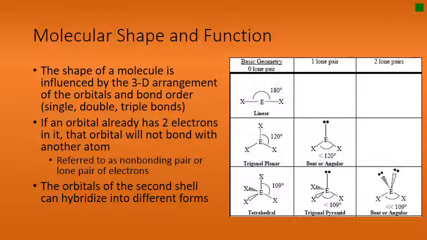It's influenced by the number of covalent bonds, the order of those covalent bonds, whether they're singles, doubles, or triples, but it's also highly influenced by the three-dimensional arrangement of the electron orbitals. Remember, those orbitals, those three-dimensional regions of space that the pairs of electrons actually occupy.